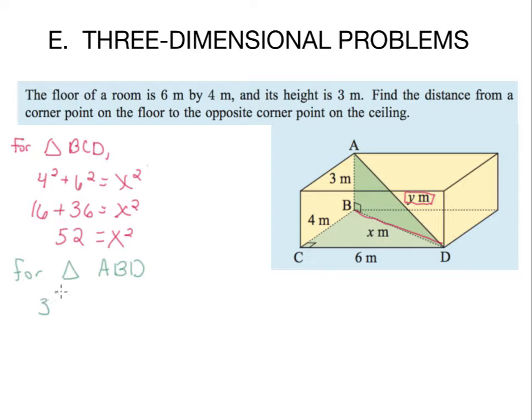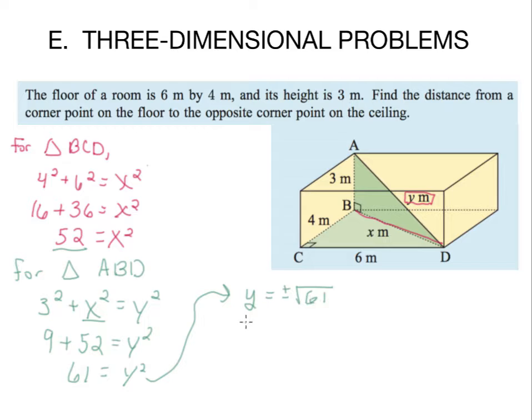Now looking at triangle ABD, I have 3 squared plus x squared is equal to y squared. In place of this x squared, I'm going to plug in what I figured out earlier, that x squared is equal to 52. So I'm going to put 9 plus 52 equals y squared. And I'm going to simplify down and solve for y.